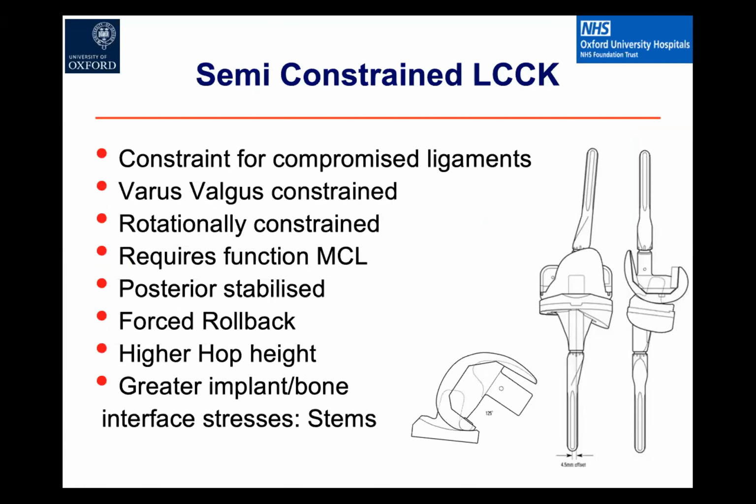A semi-constrained or a VVC implant has some varus valgus constraint. It has some rotational constraint, but again, it requires a functional MCL. It has posterior stabilization, and it forces your rollback, and it has a fairly good jump height. But because of the increased stresses on the bone implant interface, you need to compensate for that by adding stems to your implant.